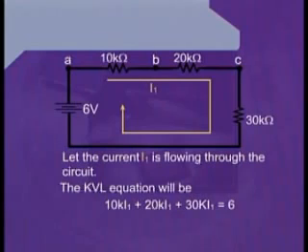Therefore we can write plus 30k into I1 and equate this to 6, because the extreme terminal of the 30 kilo ohm resistance is directly connected to the negative terminal of the 6-volt source. Therefore, simplifying this equation, we can write 60K I1 is equal to 6.